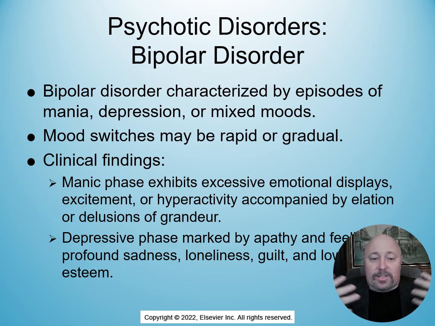Bipolar disorder is characterized by those episodes of mania, depression, or even mixed moods. And those moods can switch rapidly as well. In the manic phase, the patient would exhibit excessive emotional displays, excitement, hyperactivity accompanied by elation or delusions of grandeur. Whereas the depressive phase is marked by apathy and feelings of profound sadness, loneliness, guilt, or low self esteem.